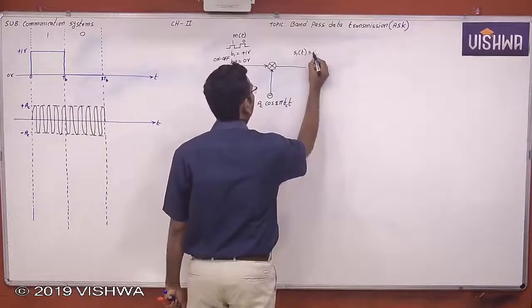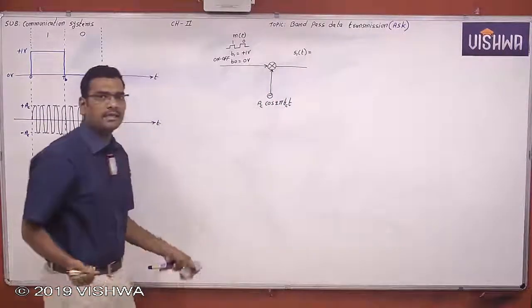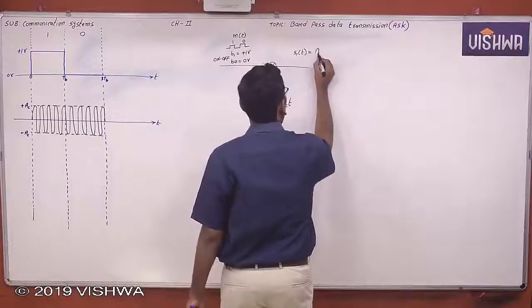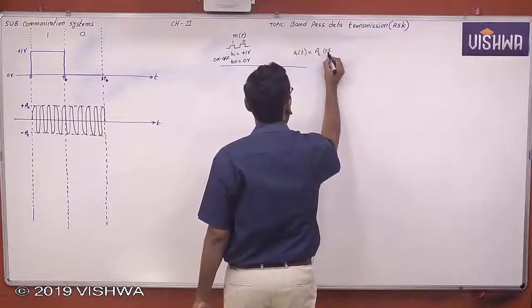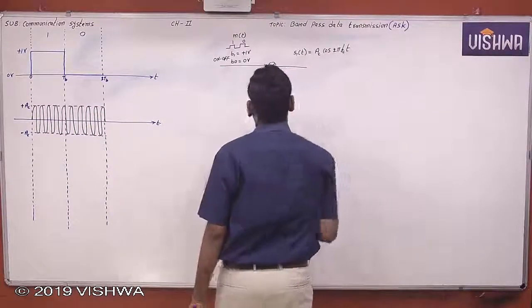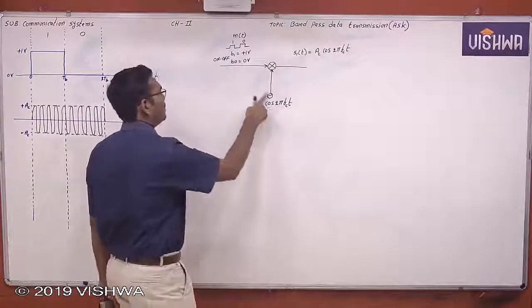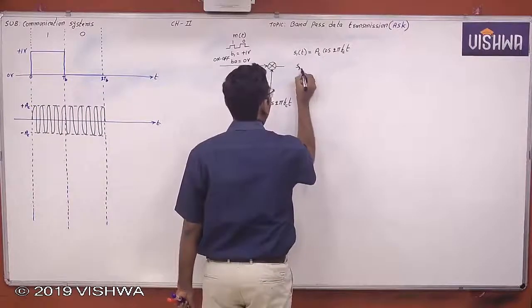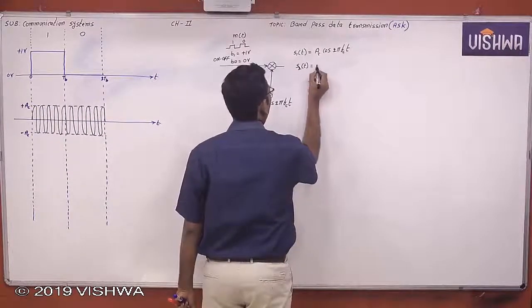It is the message signal multiplied by the carrier signal. The multiplication of message and carrier is nothing but modulation. S1 of t is AC cos 2 pi FC t. Now AC cos 2 pi FC t multiplied with 0 gives 0 volts. This is S2 of t, which is equal to 0 volts.